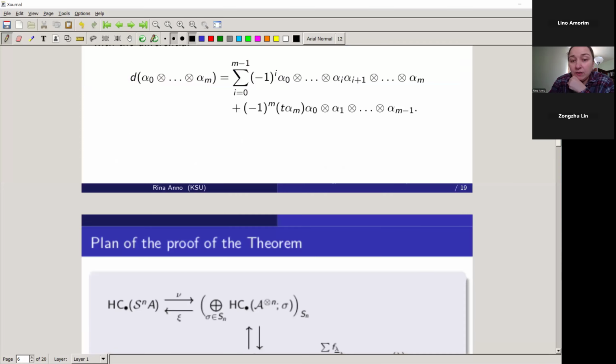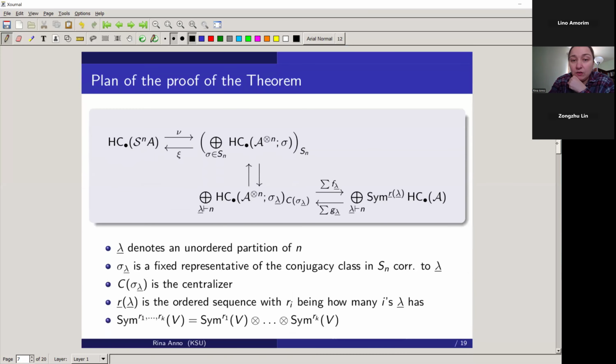And then this is how we prove the theorem. The first part is the analog of the classic result about the orbifold decomposition.